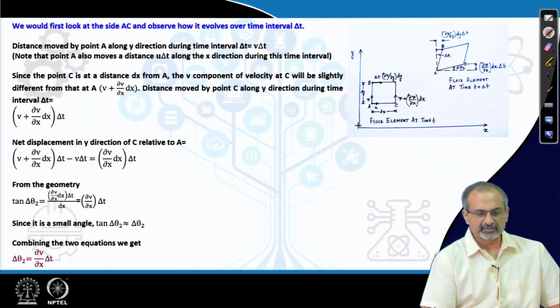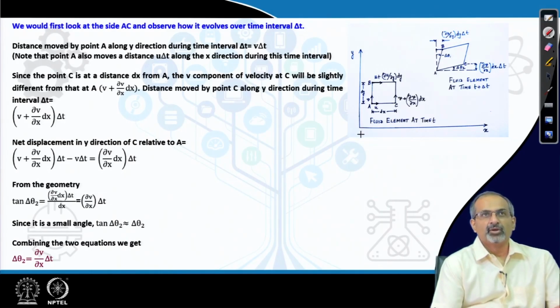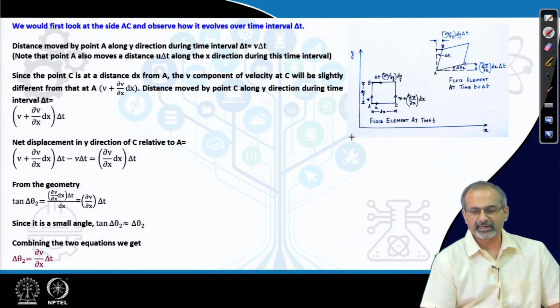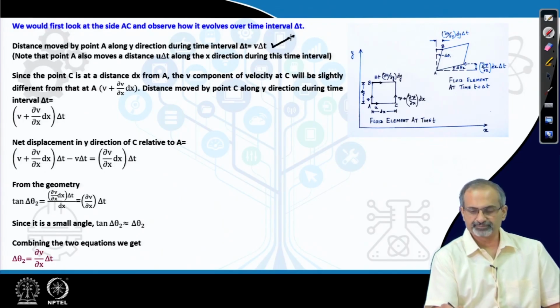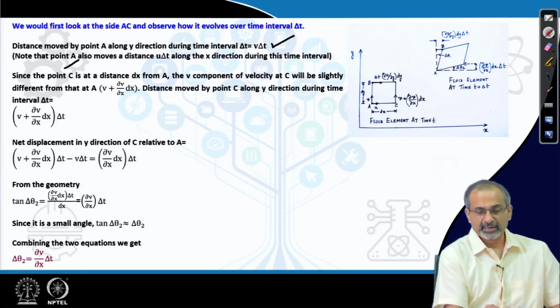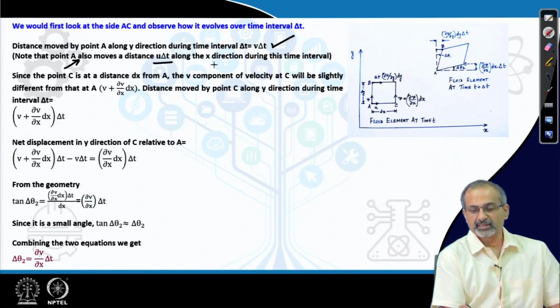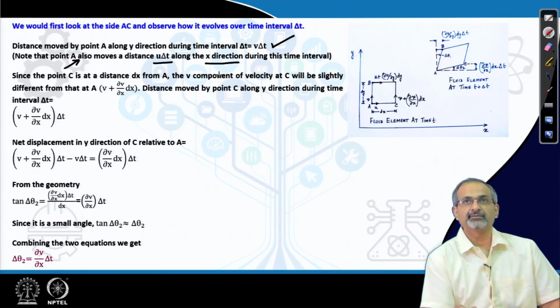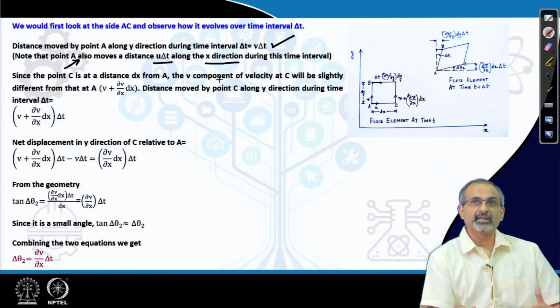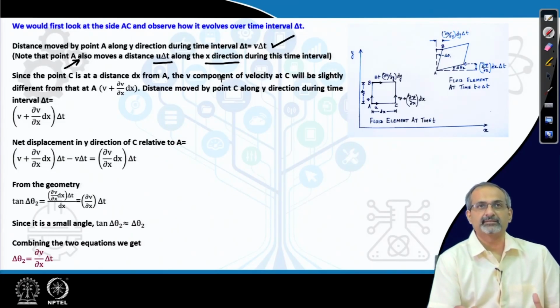Let us take this analysis a little further. We would first look at the side AC and observe how it evolves over time interval delta t. So, as we discussed, distance moved by point A along y direction during the time interval delta t is v times delta t. Of course, at the same time it would have moved u times delta t along the x direction, but we are not so concerned about that as far as rotation of the side AC is concerned.